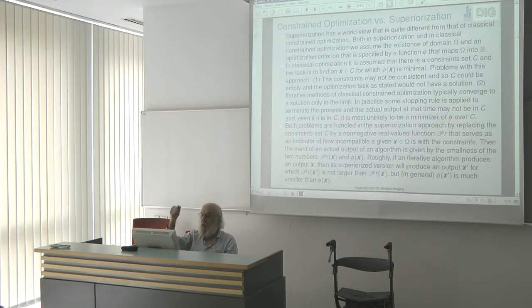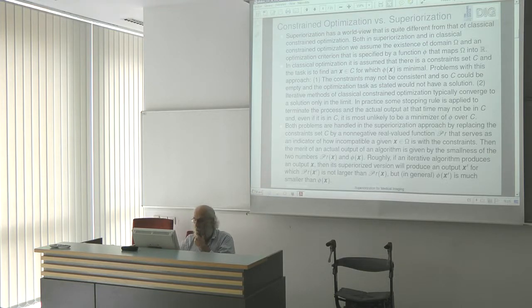So instead of saying, I want to satisfy all the constraints, I introduce a function which for any image x tells me how badly I'm violating the constraints with that image. So intuitively, you would like the value of PR to be small for whatever you propose as a solution.